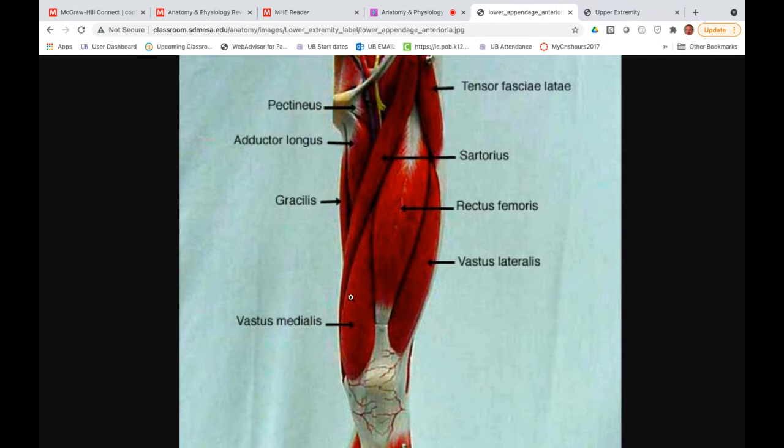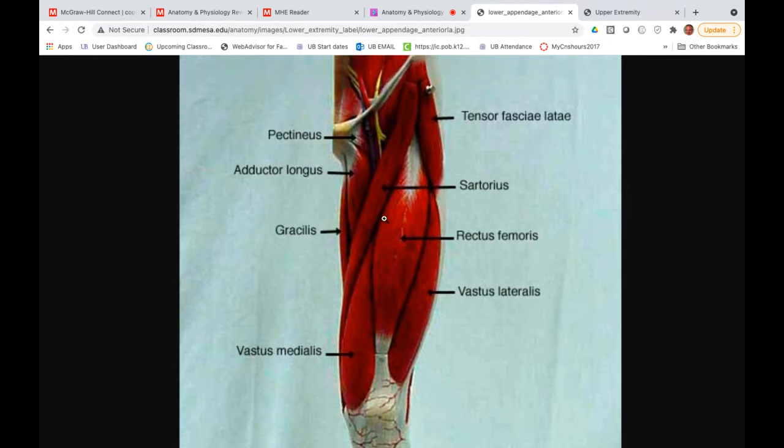We have the vastus medialis. And there's a third vastus, but we can't see it yet because the rectus femoris is superficial to it. So this muscle here, the rectus femoris, lies on top of the third vastus muscle called the vastus intermedius.